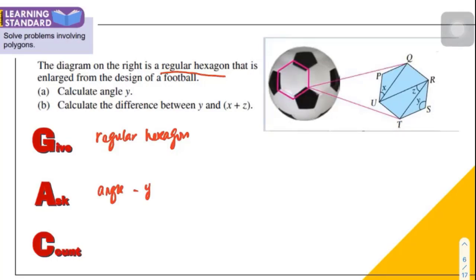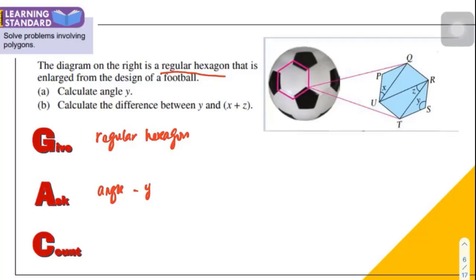So how to count? What's the formula to find the interior angles? Kesha, are you there? What's the formula to find an interior angle? Yes, one of the interior angles.